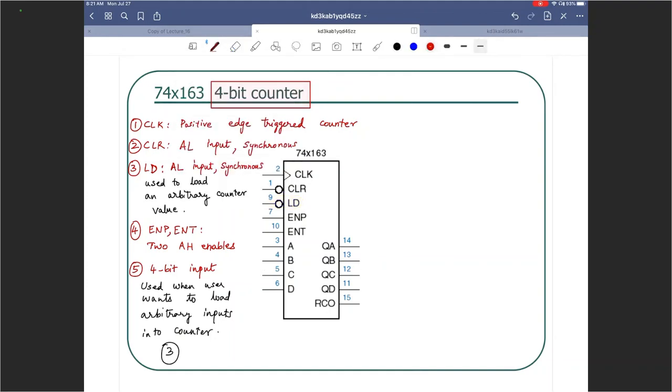All right, so we have gone through the left hand side. Now let's take a look at number 6 here, which is the things on the right. QA, QB, QC, QD are your 4 true form outputs of the counter. 4 active high outputs, which are essentially telling you the current value of the counter.